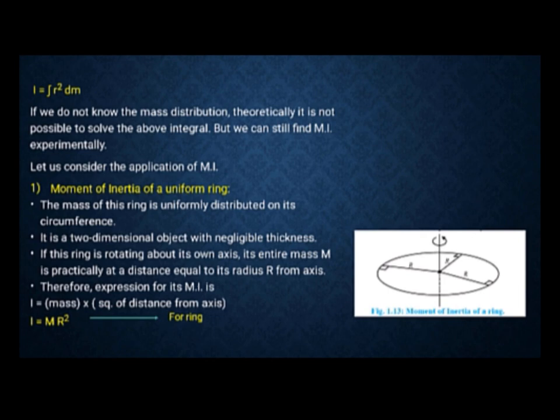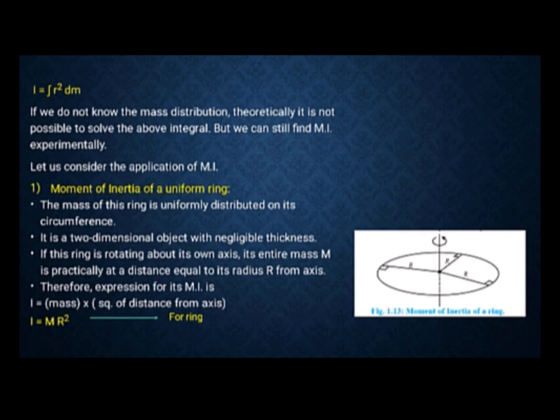From this figure we can conclude that if this object is moving along the circumference of this ring, then the distance of the object to the axis of rotation, which is capital R, will not change at any point.